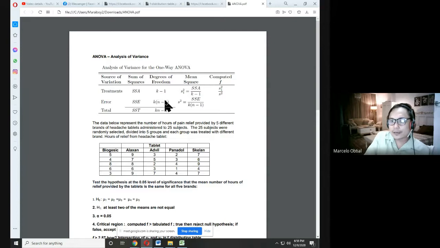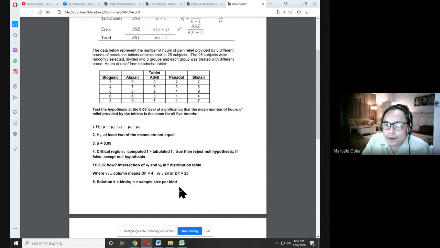K minus 1. And v sub 2 is yung error. Okay? Itong second. Again, v sub 1 natin usually itong first. Okay? Ang v sub 2 is always the error. Okay? Kasi sa ibang ANOVA, medyo komplikado na, magdadalawa na ito sa taas, no? Ibig sabihin, hindi lang siya treatments. Okay? Meron pang iba. Okay? So, let's proceed.